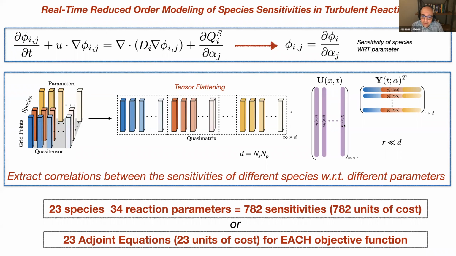The nice thing here, in comparison to adjoint, is that adjoint is attached to the definition of the objective function. If you change the definition of the objective function, you have to solve the adjoint equation again. Here, because this is a forward sensitivity, once you compute this, you can compute the gradient with respect to any objective function. So that's another advantage.